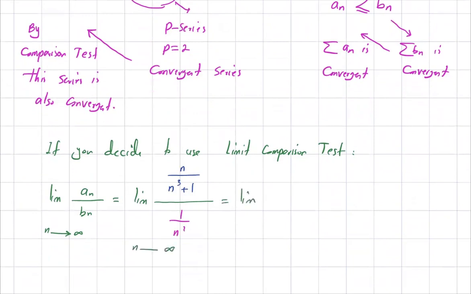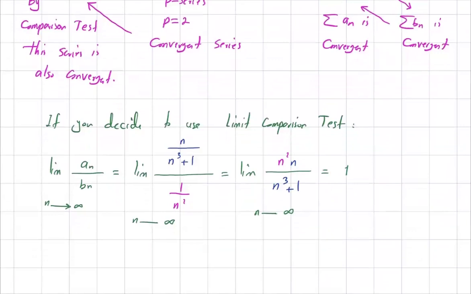This becomes the limit of n squared times n divided by n cubed plus 1 as n goes to infinity. This becomes just 1.